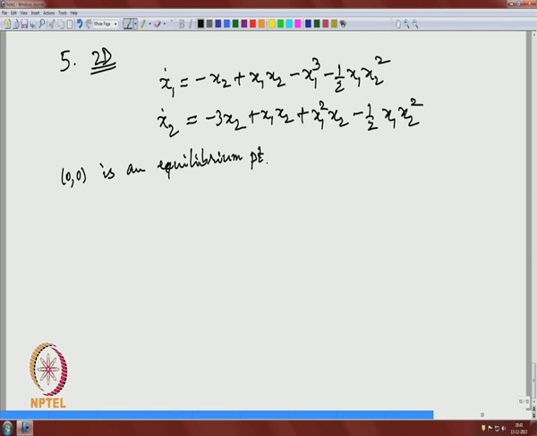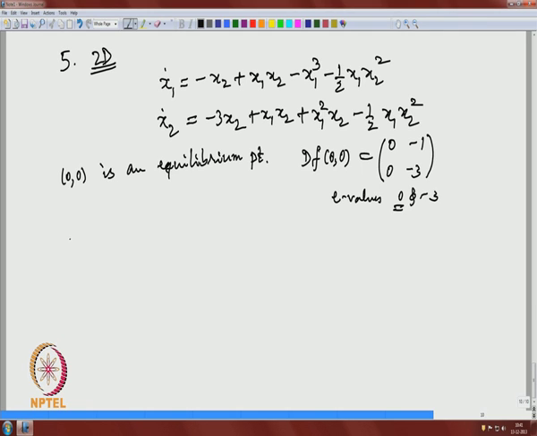So, here again if you compute the Jacobian, this will be [0, -1; 0, -3]. So, again the eigenvalues are 0 and -3. Okay. So, it is again degenerate, because the matrix is singular.